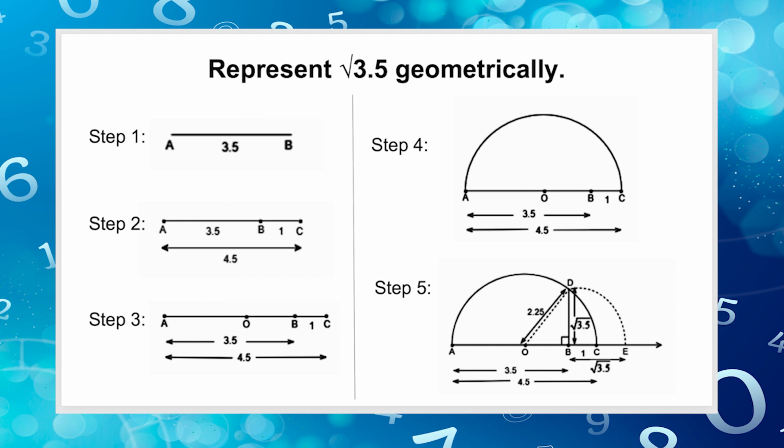After that, draw an arc with center B and radius BD, which intersects the number line at point E. Thus, E represents root 3.5.